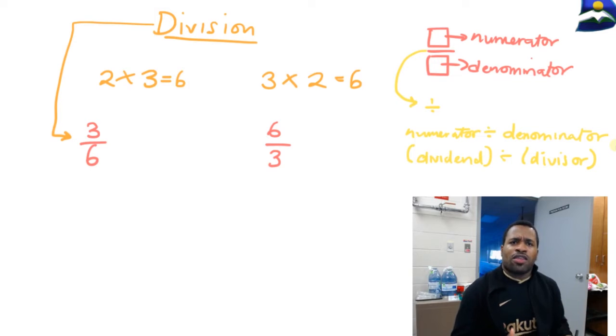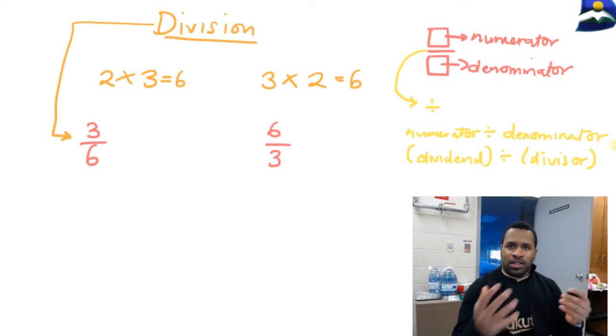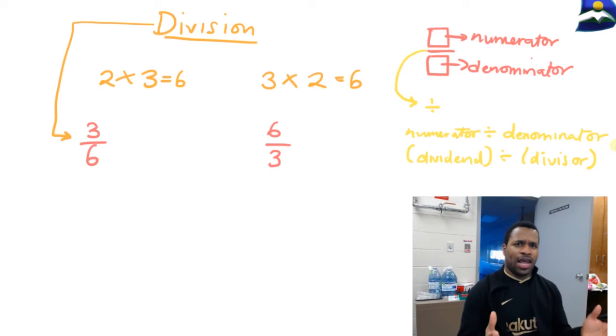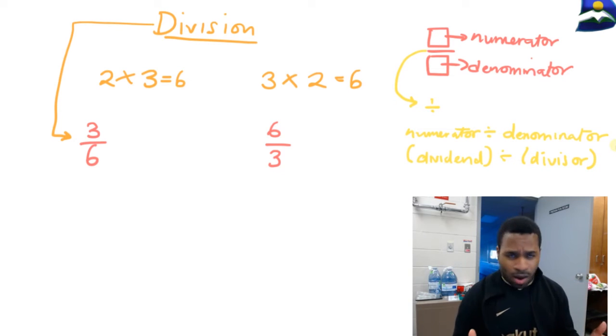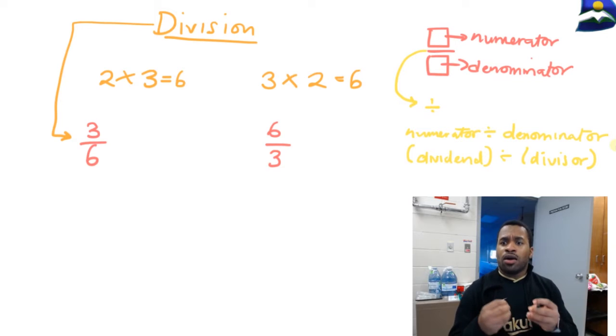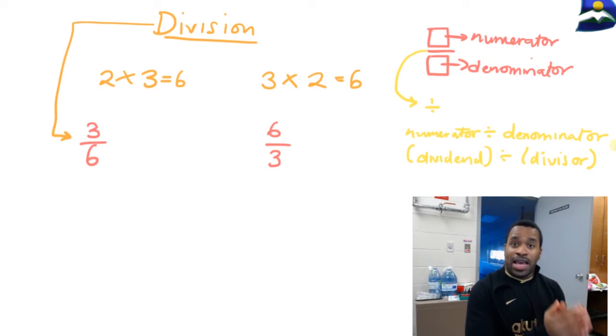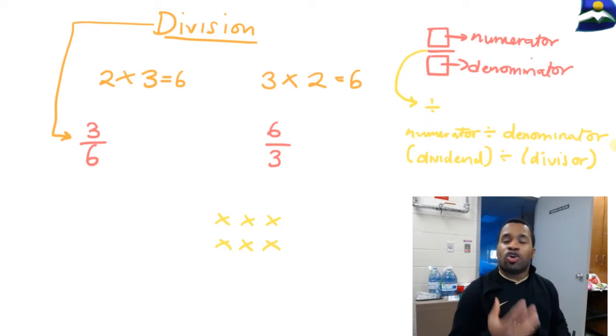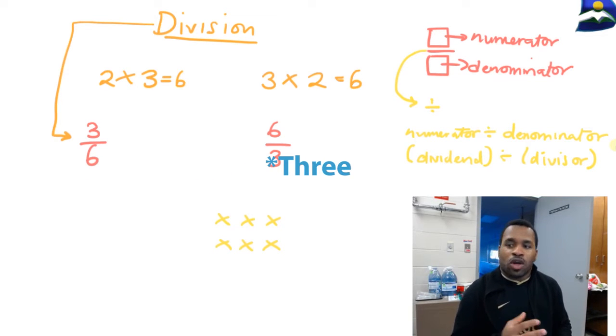How are you interpreting this? The dividend is the total number of items that you have in a specific space or region, and you are grouping things in divisors. For example, let's say you have 6 specific materials, and you're creating groups of 3.